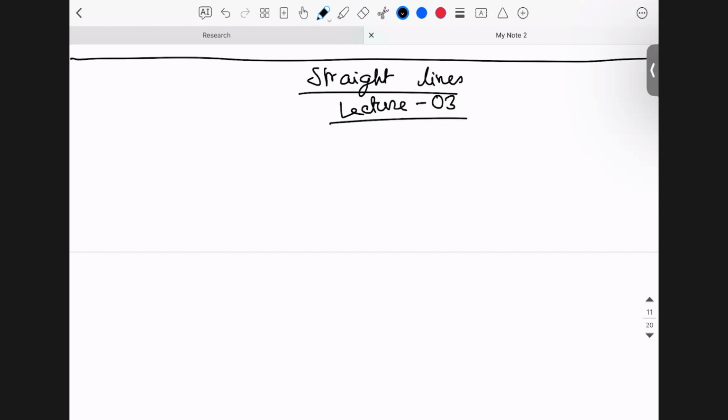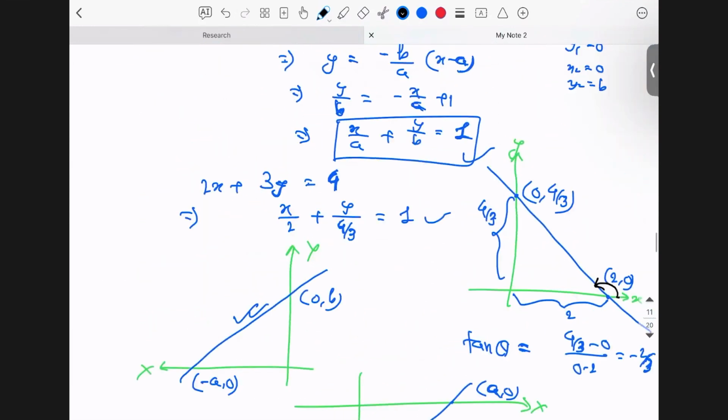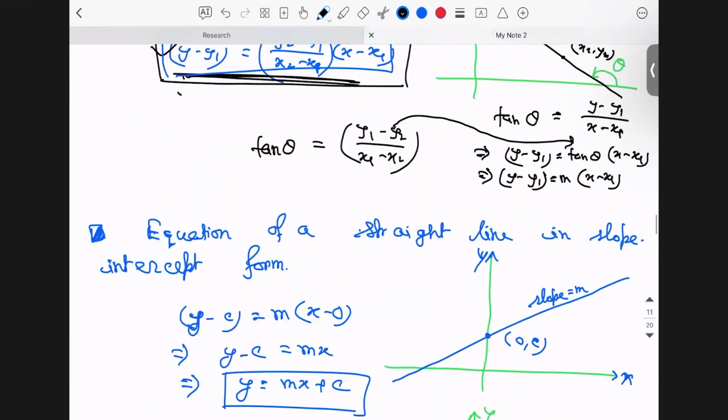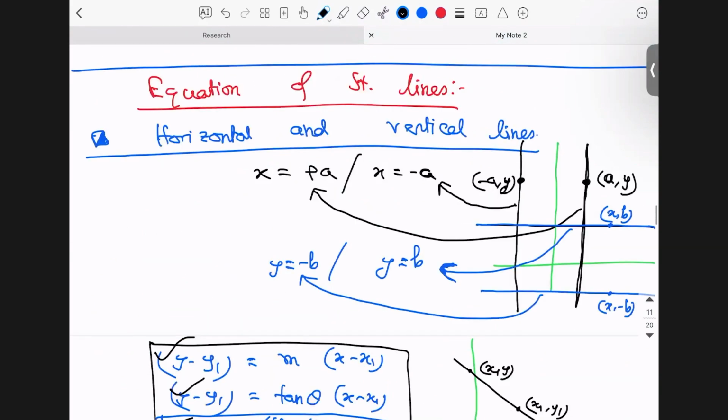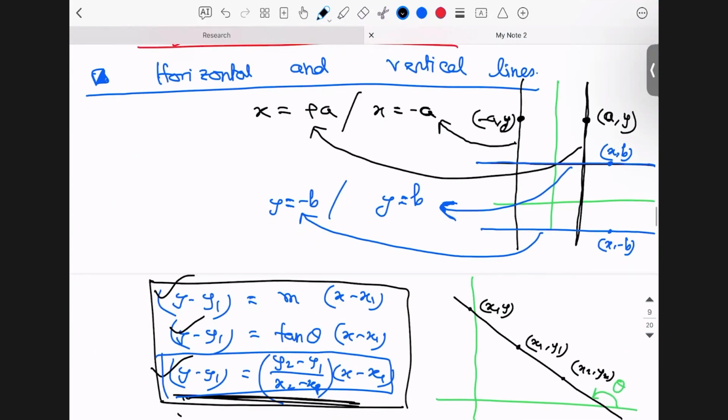From the last class, we have discussed straight lines and the equation of the straight line. Let's have some recall. First, we discussed straight lines which are parallel to the horizontal or vertical axis.